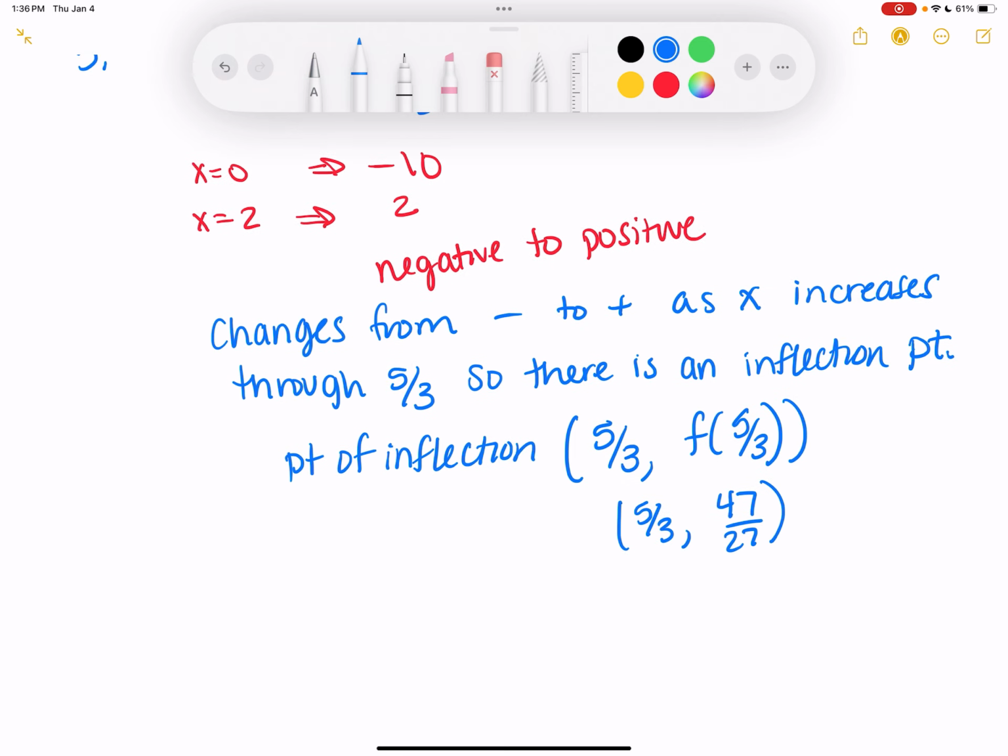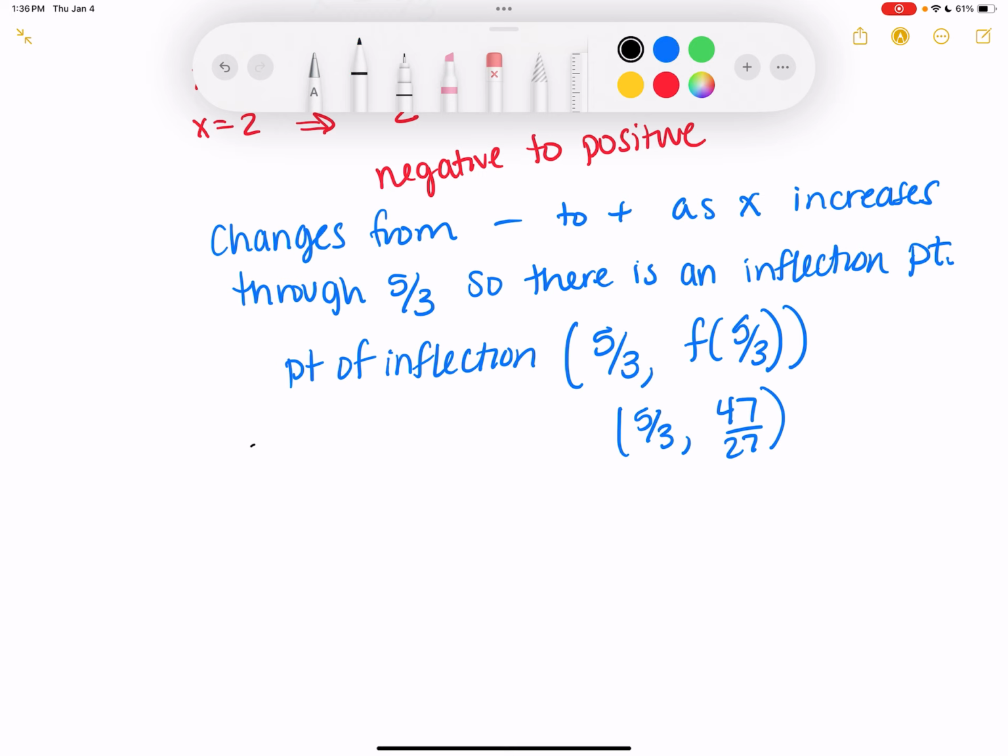So with all this information that we have, we could sketch the graph, okay? You would have a point at 1/3 and 175 over 27, which would be somewhere way up here. We have a point of inflection at 5/3 and 47 over 27, which is going to be somewhere in this vicinity, probably much lower, but anyways, down here.